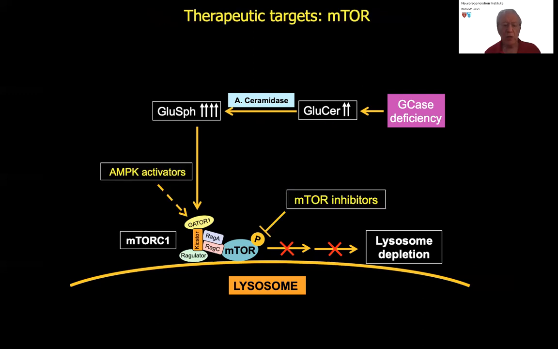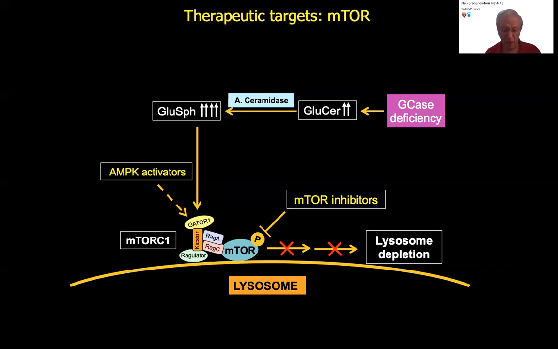So I have shown you that if we inhibit mTOR with mTOR inhibitors, then we can also block the abnormal phenotype, the lysosomal depletion. And here I put this, we are doing some work with AMP activators like metformin, and it would be nice if metformin would be helpful in GD, in neuropathic Gaucher disease.